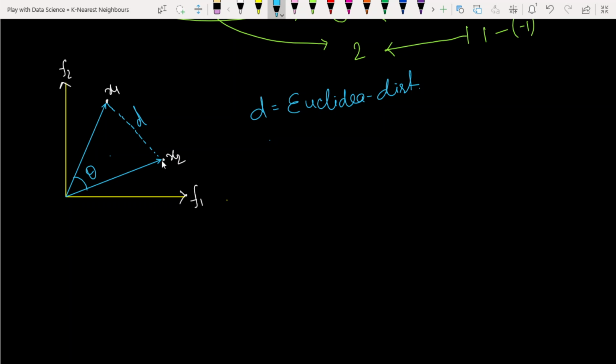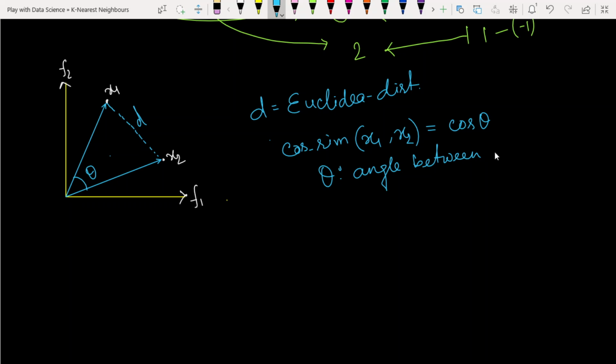This distance is the Euclidean distance, and this angle between the two vectors gives the cosine similarity. So the cosine similarity of x1 and x2 is the cos theta value, where theta is the angle between x1 and x2.